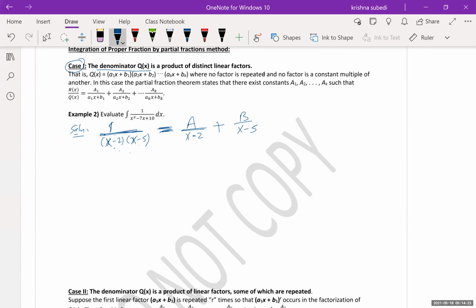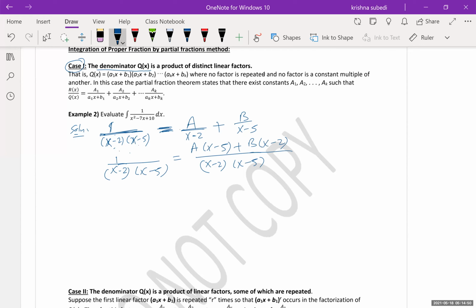So how do you do that? Well, let's do this. 1 divided by x minus 2 and x minus 5 equals a over x minus 2 plus b over x minus 5. Just do high school algebra here. So you're going to get a times x minus 5 plus b times x minus 2.